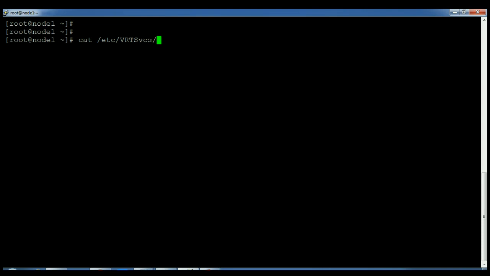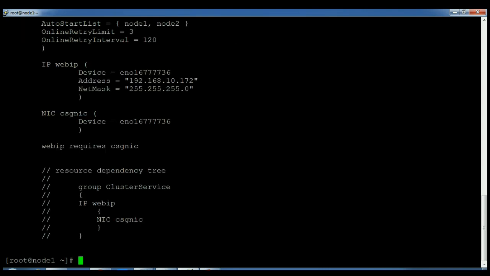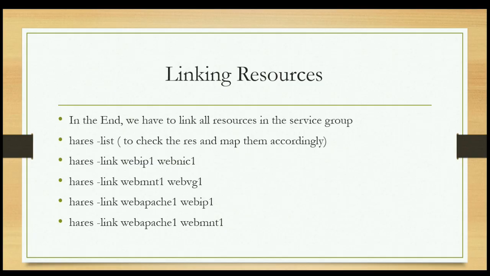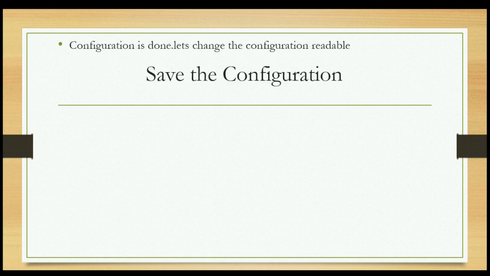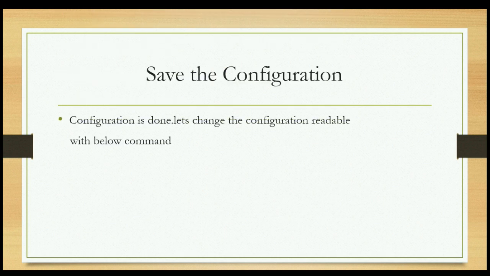After that it did not save in the file until I make it save, because whatever we have done we have to save it. Now I have to run the command haconf -dump -makero, to make it read only. Great, now I can run the same command again. Now you can see everything is new entries.